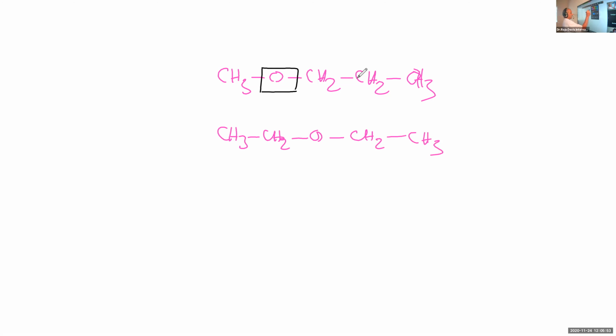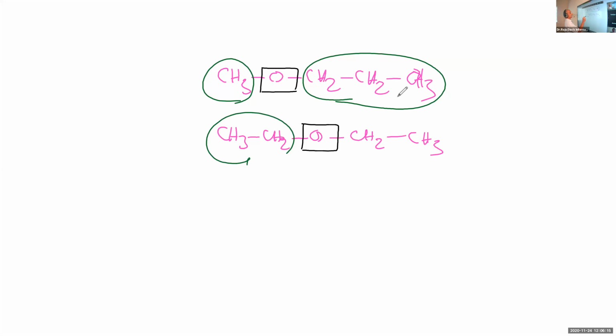The alkyl groups attached to the ether linkage are different. In the first compound, there is a CH3 group and a CH2CH2CH3 group, so the two alkyl groups are different. In the second, the alkyl groups are these. So the alkyl groups attached are different, but the molecular formula will be the same for both these ethers.